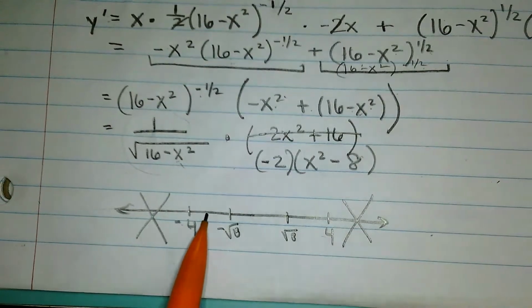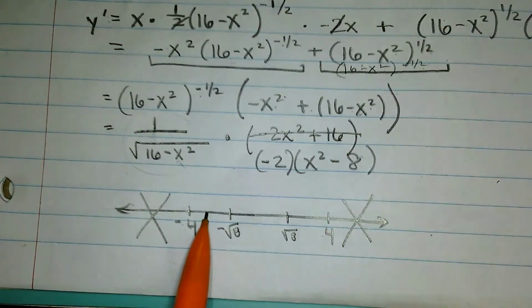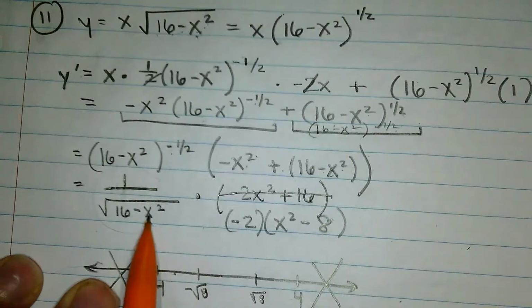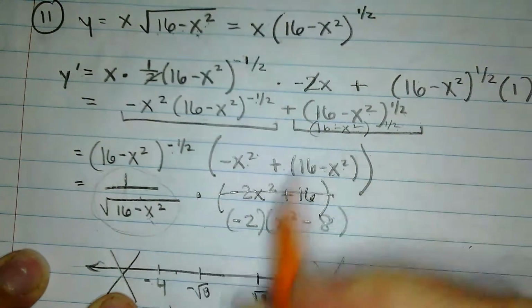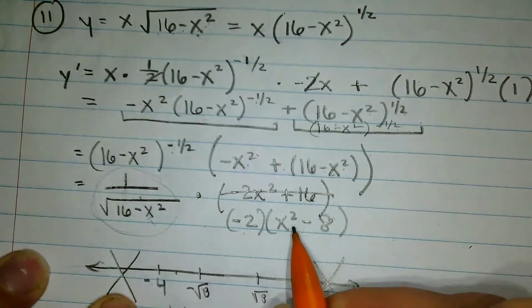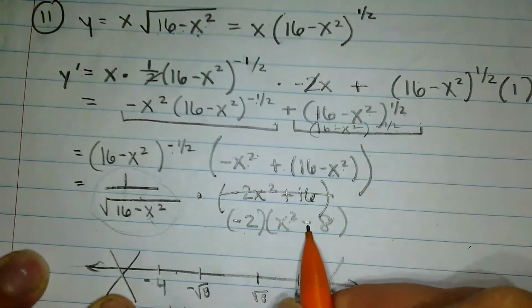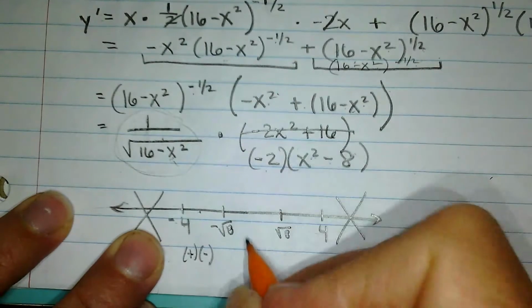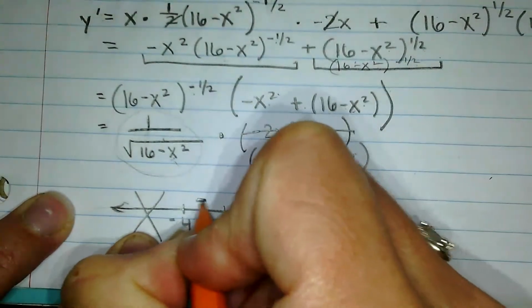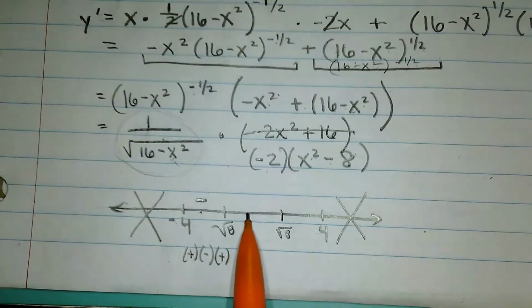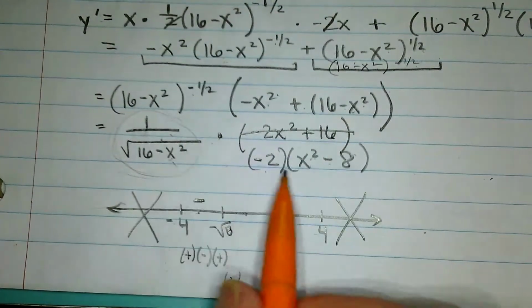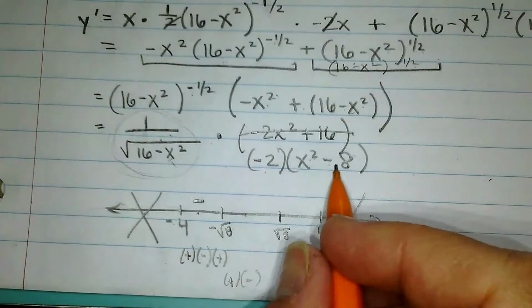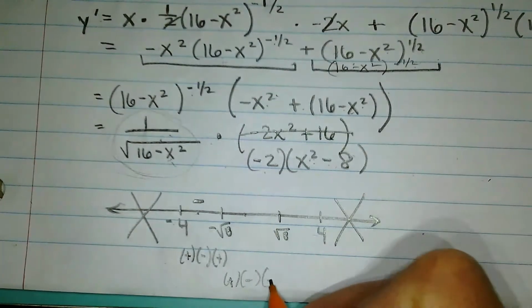So if I try something like negative 3, the derivative is going to give me a positive times a negative times x, 9 minus 8 it would be. 9 minus 8 is a positive. So that's going to give me a negative there. If I plug in a 0, that's going to give me a positive times a negative times a negative.